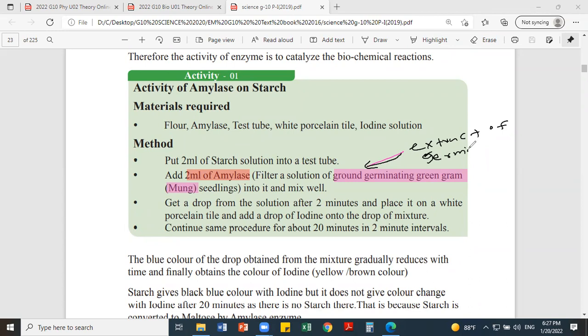So we use the extract of germinating mung seeds, or any other green gram.